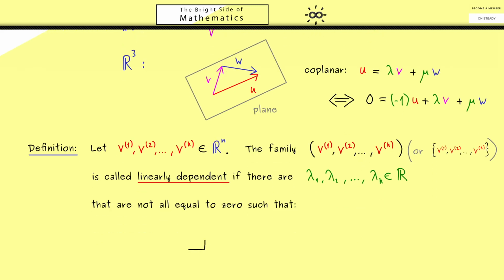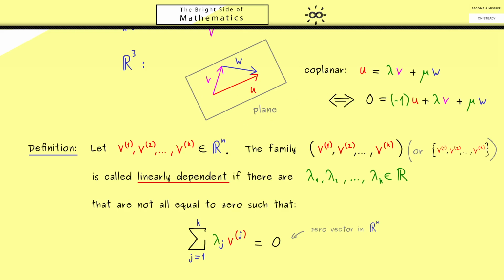Therefore, now we are able to use the sum symbol to write it down. So we start with j equal to 1 and go to k. And then we have lambda j times the vector vj. So this is a well-defined linear combination and it should get us to the zero vector in Rn. So you see, linearly dependent just means that we have a loop of vectors that brings us back to the start. Or in other words, it means that some vectors can be described by the other ones.